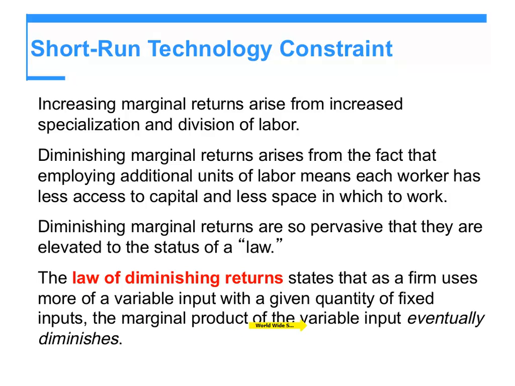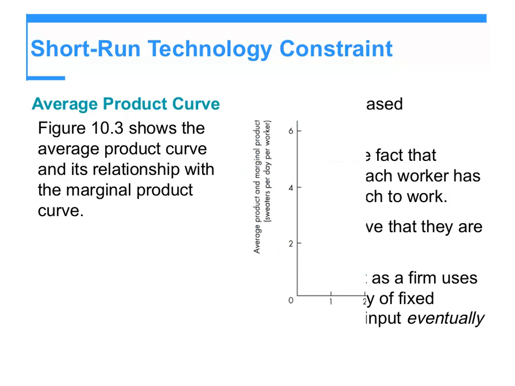So adding to the number of employees or workers is actually a variable input with a given quantity of fixed input, and as we increase it, the marginal product of the variable input eventually diminishes.